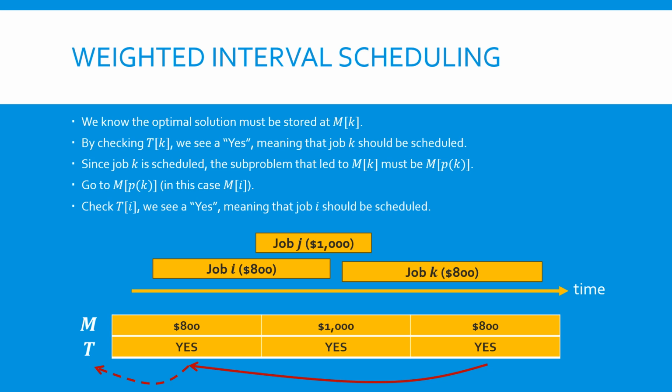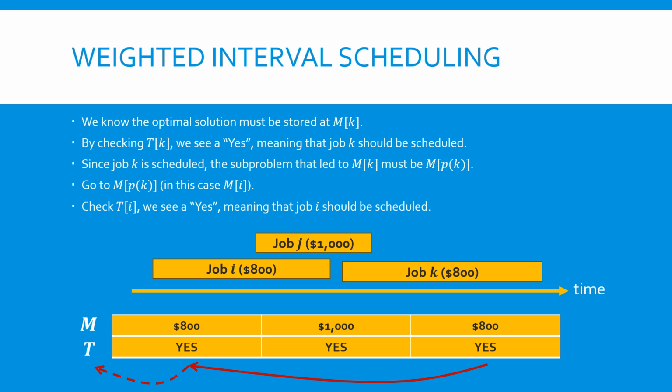Specifically, we start by recognizing that the overall optimal solution is stored in the last entry M_k. By checking T_k, we find a yes, indicating that we should schedule J_k. If we schedule J_k, the subproblem that was used to construct M_k must be M_pk.